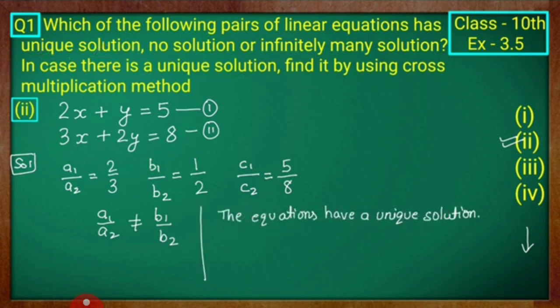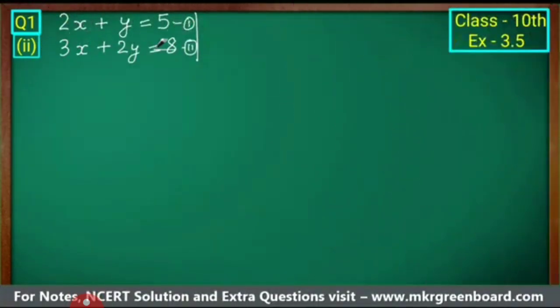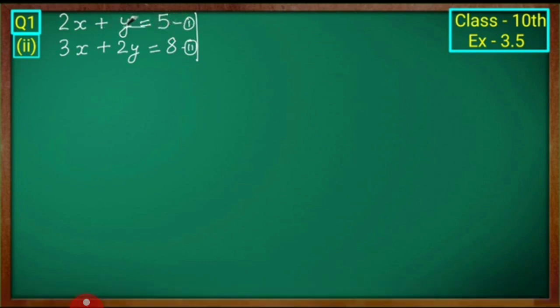If our equations have a unique solution, then we find the values of x and y by the cross multiplication method. I have explained in the beginning video of this exercise how to apply the cross multiplication method. You can directly apply the formula or follow the pattern.